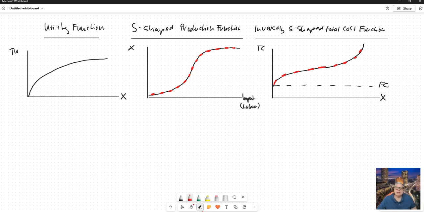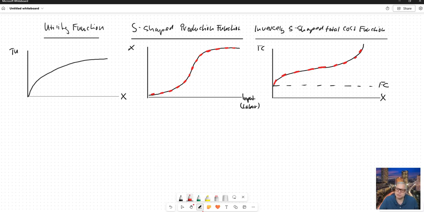So if you think that each worker has to be paid the same wage rate, but if I hire more and more people at the same wage rate, and those people become more and more productive because they realize those specialization gains, well, then the output grows faster than the total cost, or the total cost grows at a lower rate than the output.